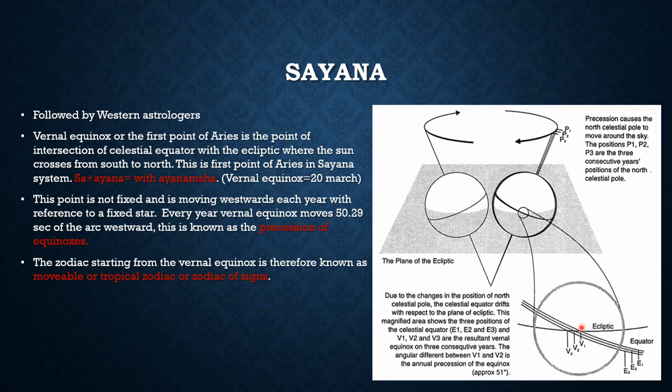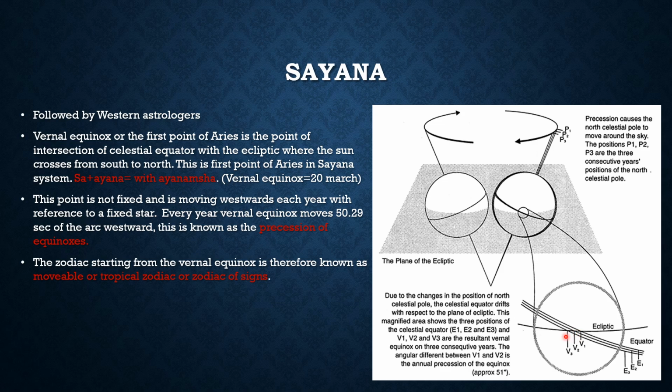So in 1 year it corresponds to V1, the second year it will correspond to V2, the third year V3. This shift that we observe in the vernal equinox, moving 50.29 seconds of arc westward every year, is known as precession of the equinox.